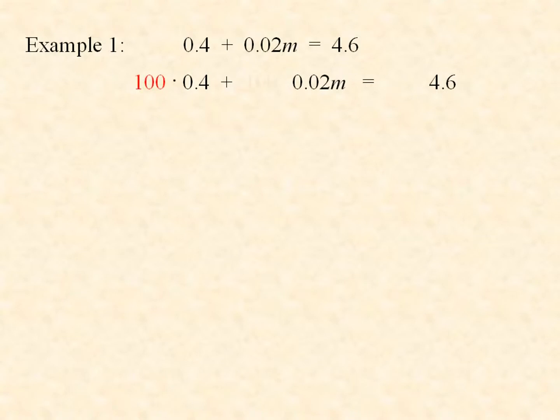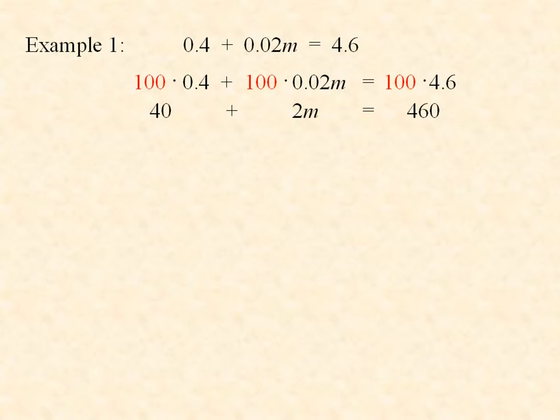100 times 0.4, 100 times 0.02m, and 100 times 4.6. 100 times 0.4 is 40, 100 times 0.02 is 2, and 100 times 4.6 is 460.